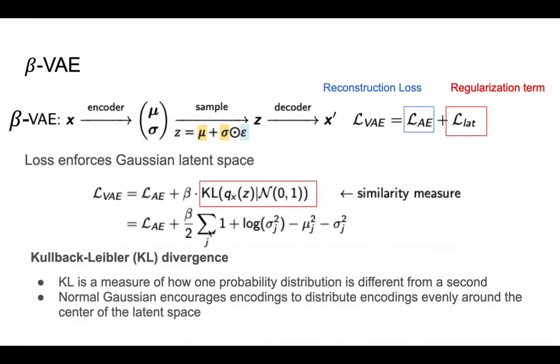A major feature of the introduction of beta is the control of the regularization. When beta is equal to 0, that's equivalent to the original autoencoders. The variation is not introduced into the loss function.